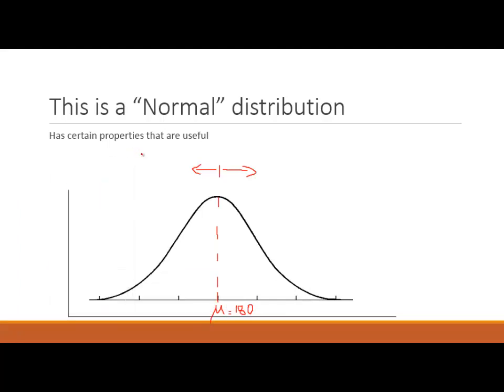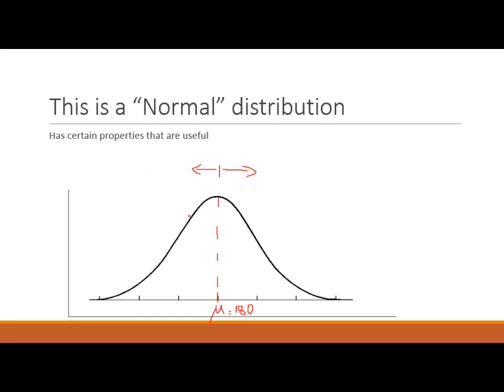So let me repeat that again. The question, what percent of the population weighs more than 180 pounds, is the same question as asking what is the probability of getting somebody who weighs more than 180 pounds when we pick somebody at random. The answer to both of those questions is 50%.